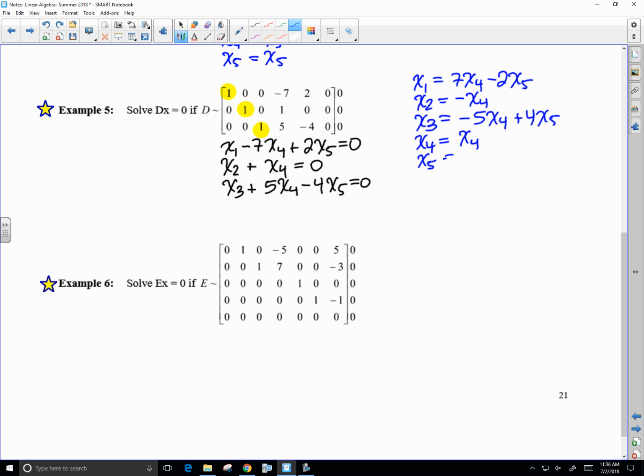Everything else is dependent on those. Which means that this is a dependent system. I'll just make a note of that.